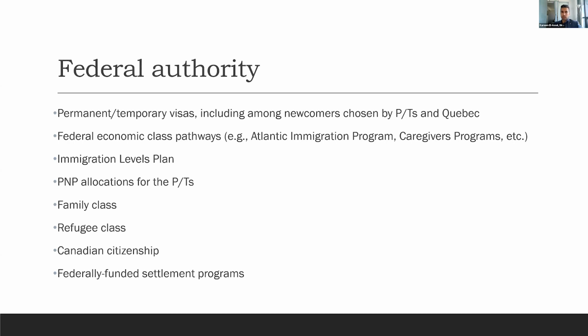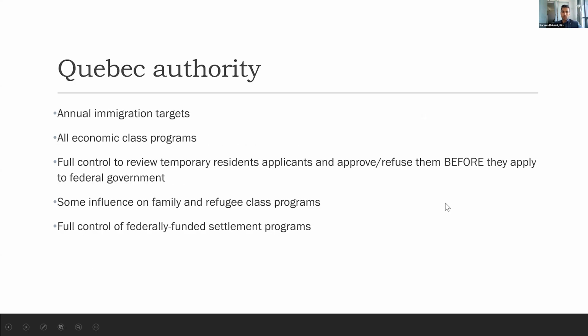IRCC spends about $2 billion annually now on settlement programs across Canada and in Quebec. And these are programs obviously designed to support the success of newcomers in their early years of landing in Canada.